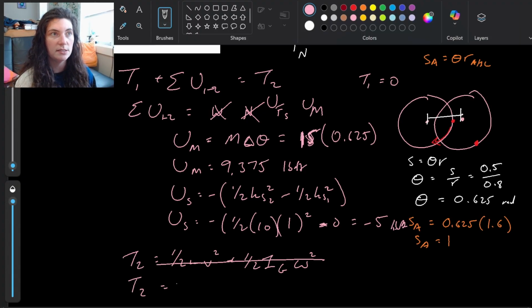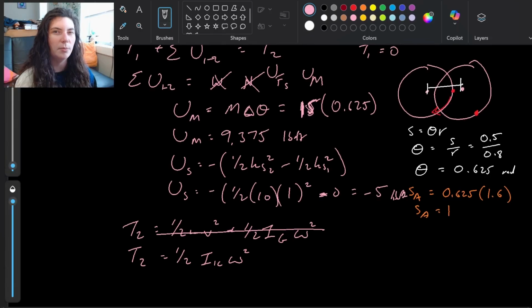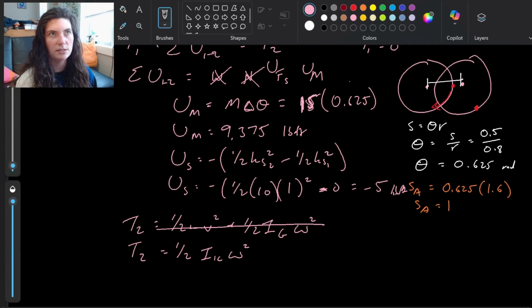Instead of using this, we could use 1/2 times the moment of inertia about IC times omega squared. Because this is rolling without slipping, we can find what that IC is. It helps us cut out the middleman of finding out what v_G is, just to show you a different way to solve this.